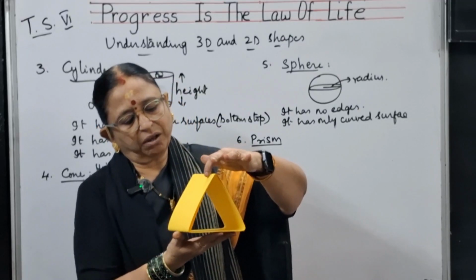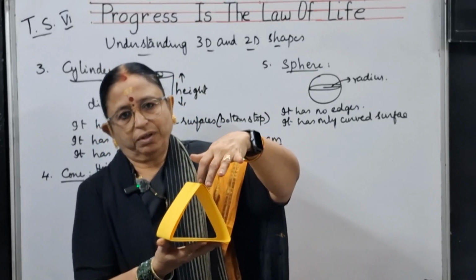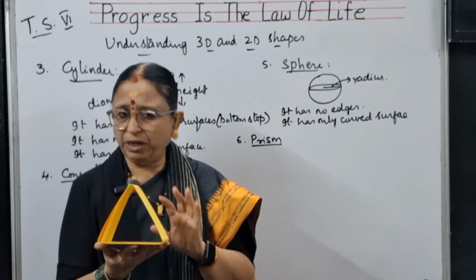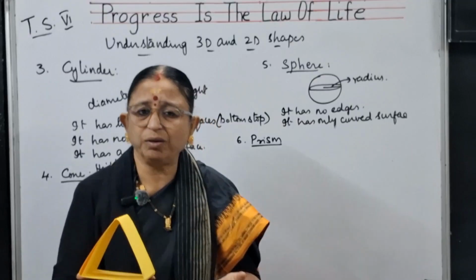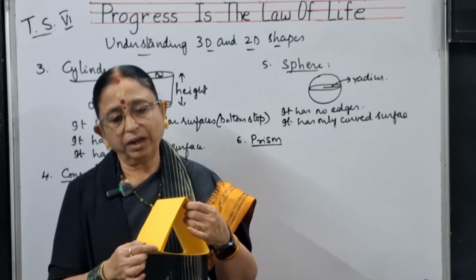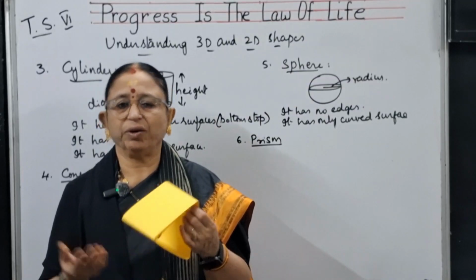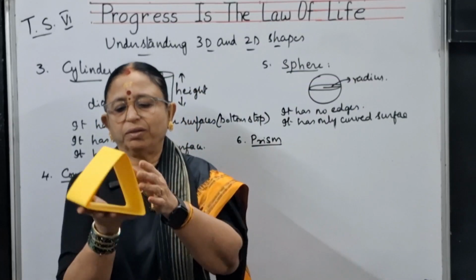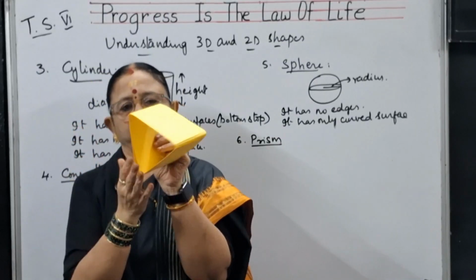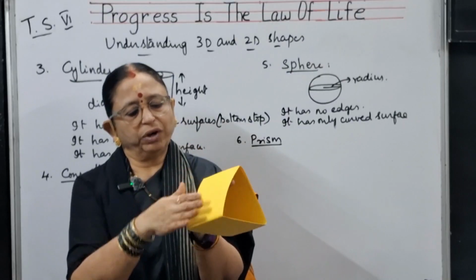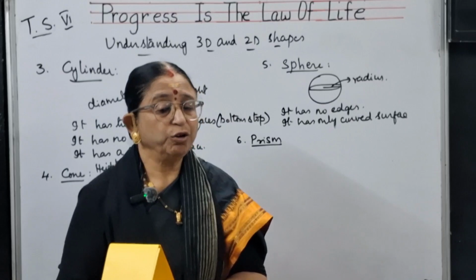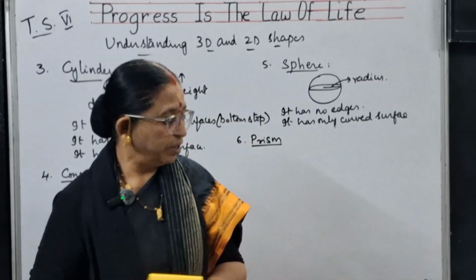A rectangle has right angles at the edges. In a parallelogram, they are not right angles; one is acute, one is obtuse. So, two triangular surfaces, and then one, two, three rectangular or parallelogram shaped sides.